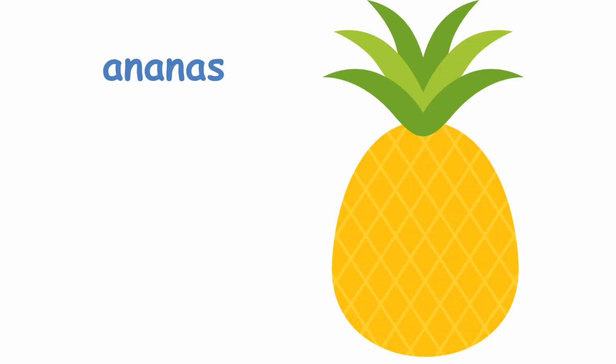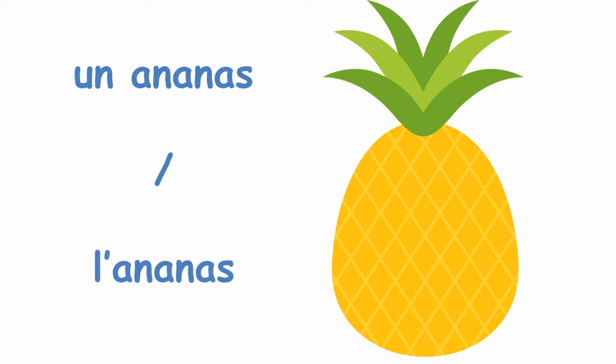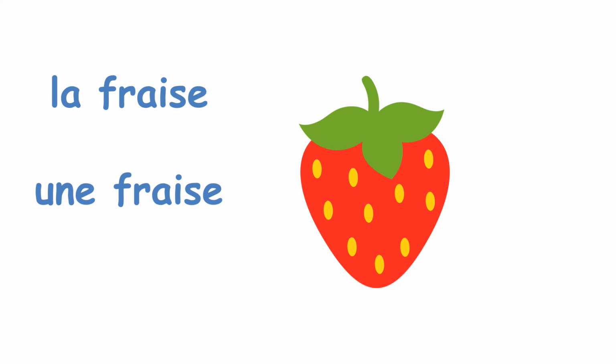Okay, so let's practice a couple of these. So, ananas, masculin ou féminin? Masculin, un ananas. And it's got the consonant at the end. Ananas, un ananas. Fraise, masculin ou féminin? Féminin, la fraise ou une fraise? Bravo.